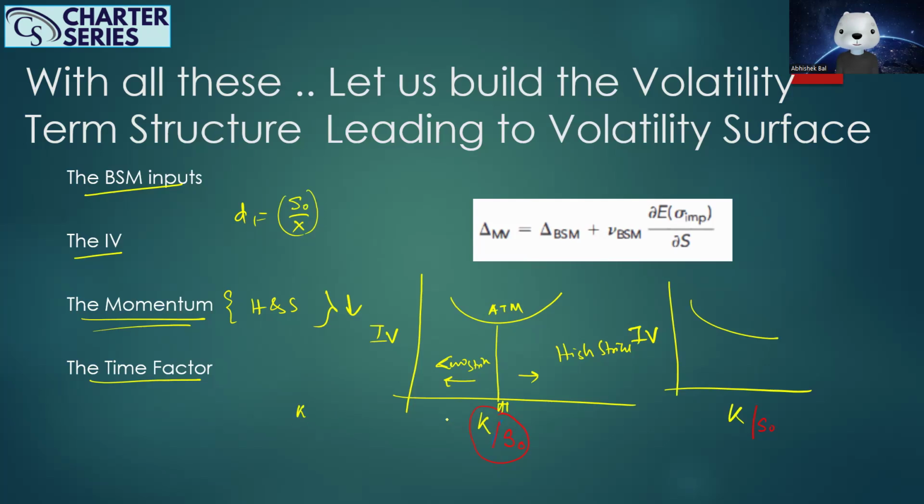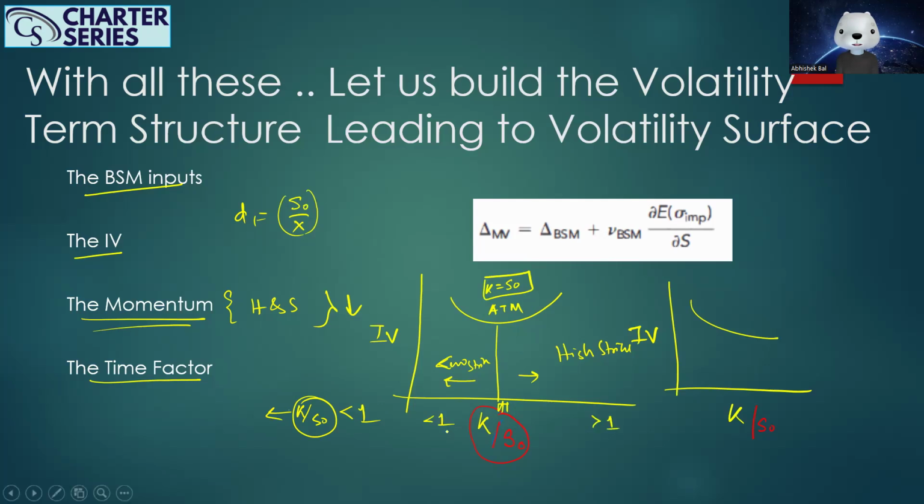So in this case, if S0 remains constant and K successively decreases, the K by S0 factor will become less than 1, because the K by S0 factor is equal to 1 at the ATM only, right? This is where K by S will become 1. Here it is going to be less than 1. Here it is going to be greater than 1. Now, how can that be achieved?